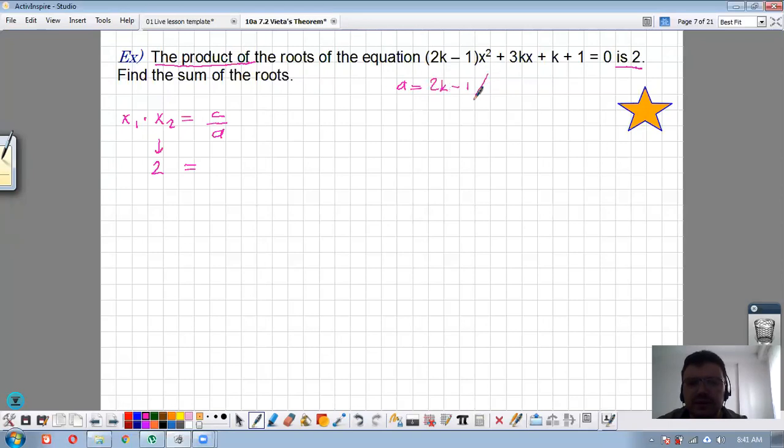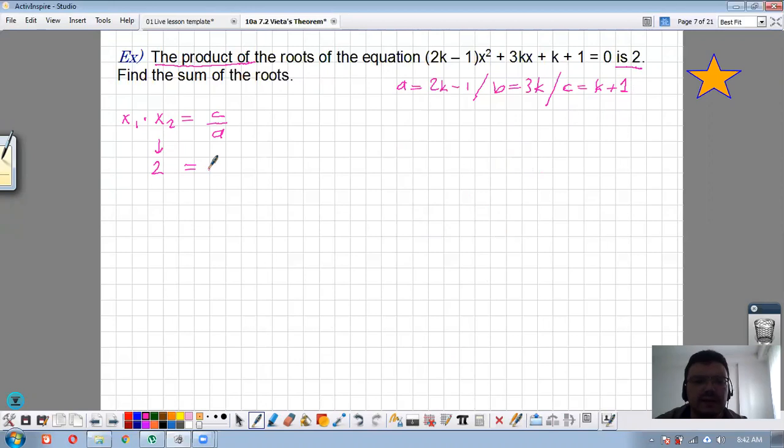Very well. What about the b part? Just 3k, the part with x. Then the part without x, k plus 1. So we should put plus 1.